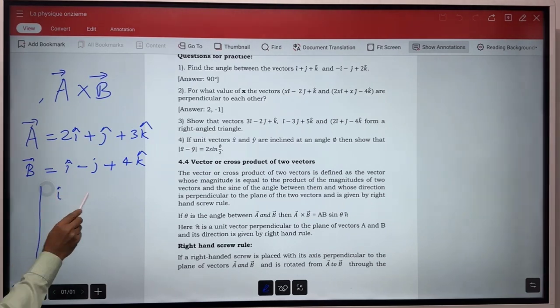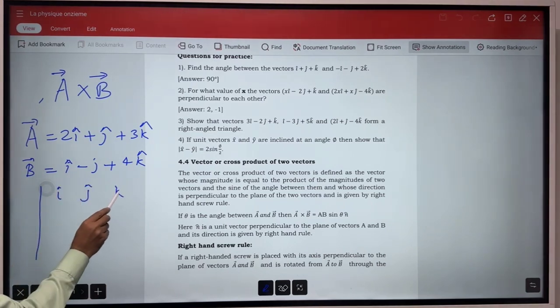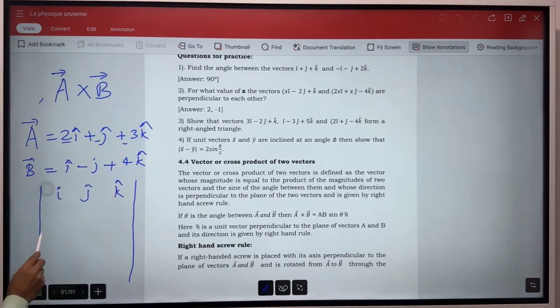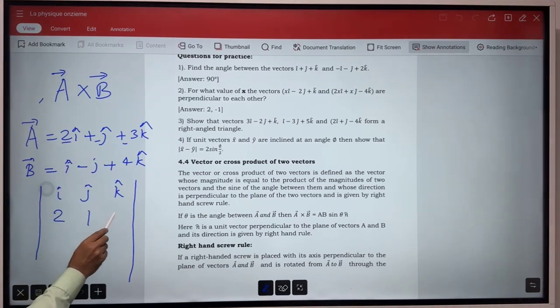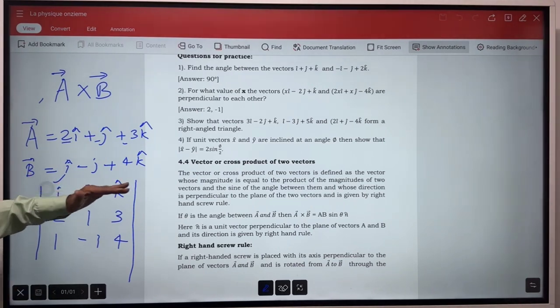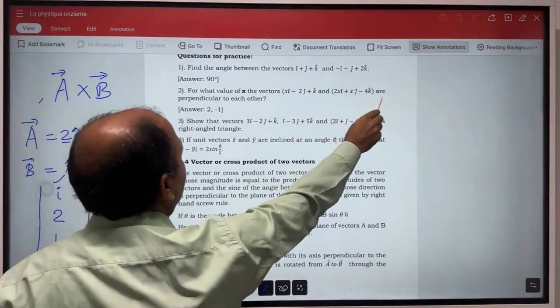First we write i cap, j cap, k cap, then we write the coefficients. So this is 2, 1, 3, then 1, minus 1 and 4. Then we take this i cap, and ignore that column and that row.